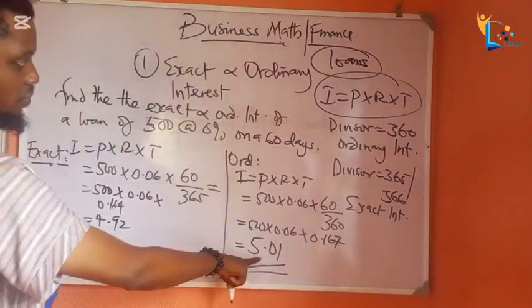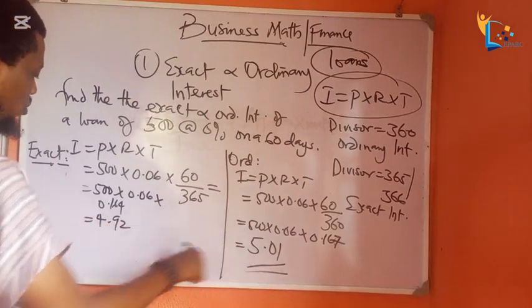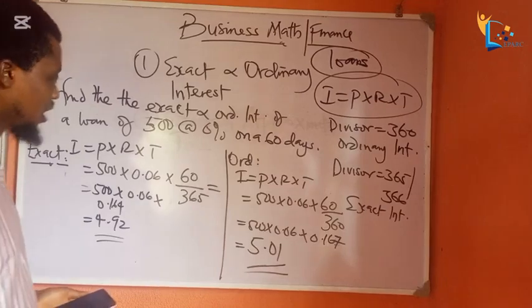So for the ordinary interest we have 5.01, and for the exact we have 4.92.